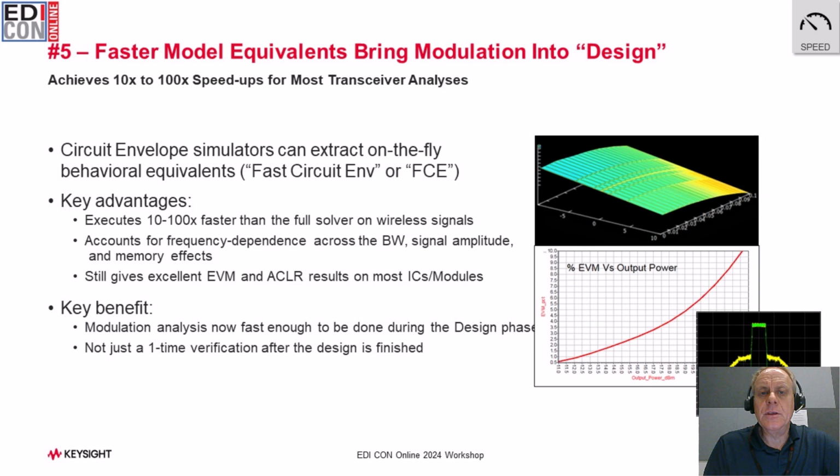Now the thing that Keysight brings to the party here is that these models take into account power dependence, frequency response across the bandwidth, and even transient behavior at the envelope level and memory effects. And so by solving this surface up front and then using the surface, you can show a modulation equivalent that is 10 to 100 times faster than it would have been, and for large classes of circuits, this is a very reasonable approach.